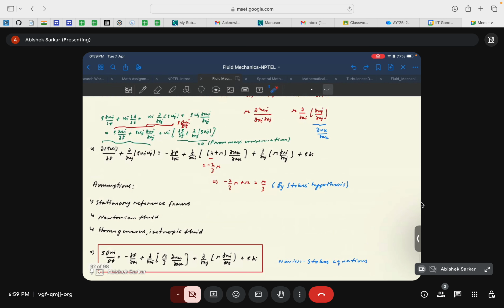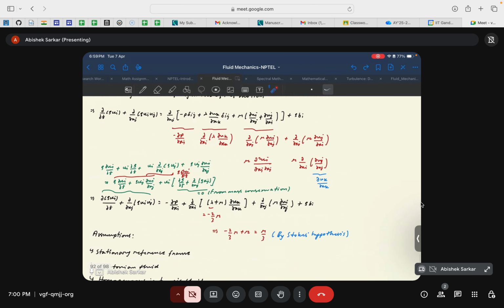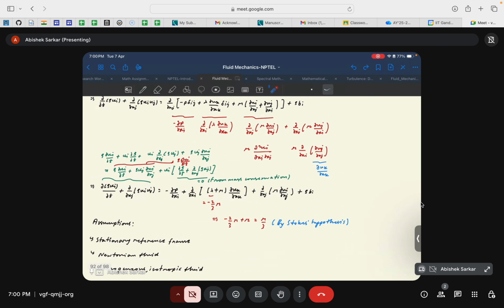Again, you might ask how we obtained this term. You just simplify these terms a bit. This term becomes rho times ∂ui/∂t plus ui times ∂rho/∂t, and this term becomes ui times ∂/∂xj of rho uj plus rho uj times ∂ui/∂xj.